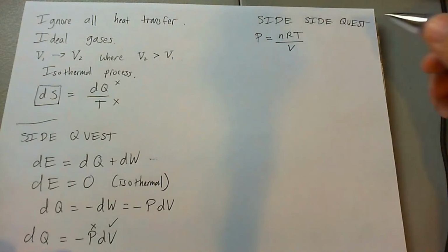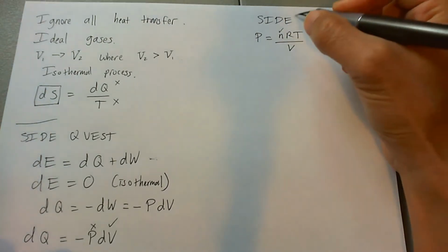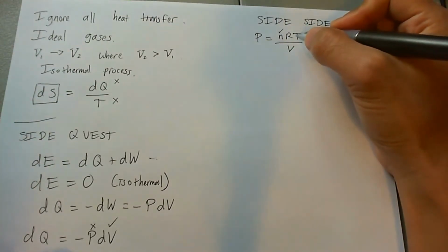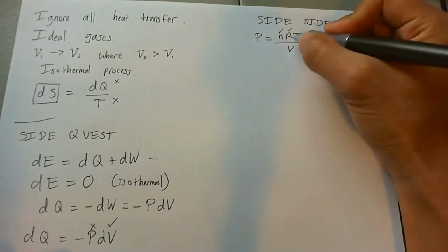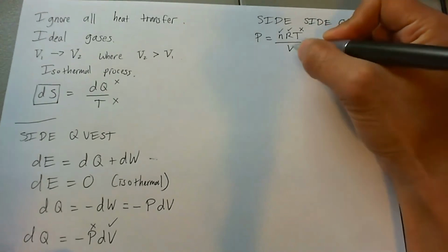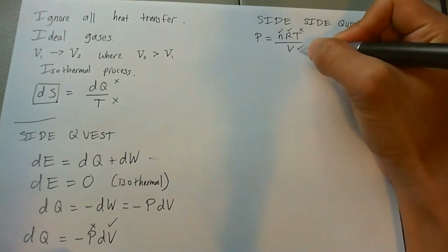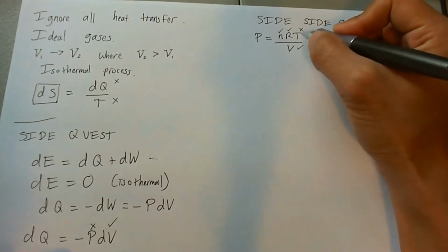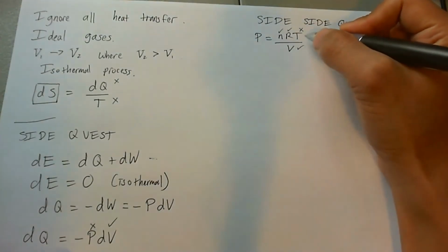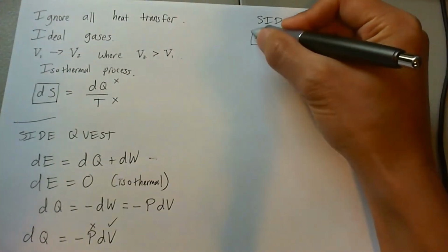Well, we don't know what pressure is, obviously, but we do know that we have n moles, because that's in the problem, and moles are expanding. We have the ideal gas constant. We don't have T, but we do have the volume in which the pressure relies on. Now, the problem is I would say we have a side quest because we don't know what T is, but we need to find out what P is.